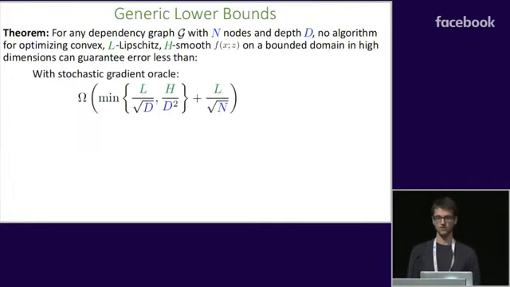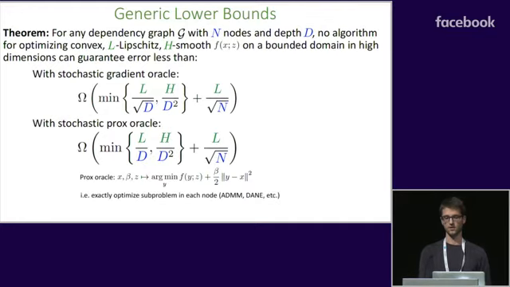To answer this question, we prove lower bounds in terms of two simple properties of the graph: the size, which is the total number of oracle accesses, and the depth, which is the length of the longest directed path in this graph. So we prove lower bounds for convex optimization using both a stochastic gradient oracle and also a stochastic prox oracle.